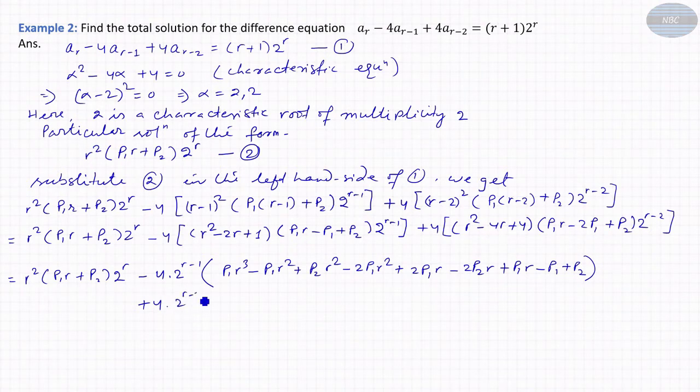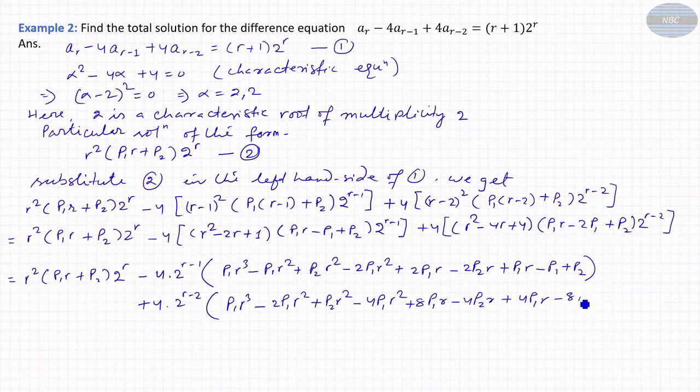So this one is p1 r cube minus 2 p1 r square plus p2 r square minus 4 p1 r square plus 8 p1 r minus 4 p2 r plus 4 p1 r minus 8 p1 plus 4 p2. Okay, in the last term 4 is multiplied with this term, we get 4 p1 r minus 8 p1 plus 4 p2. Okay, now let us simplify this more.